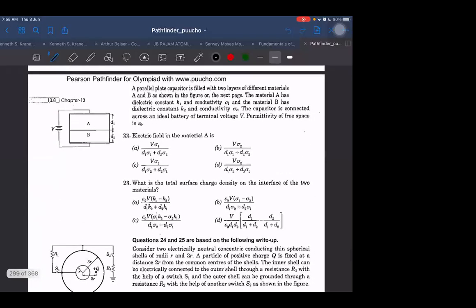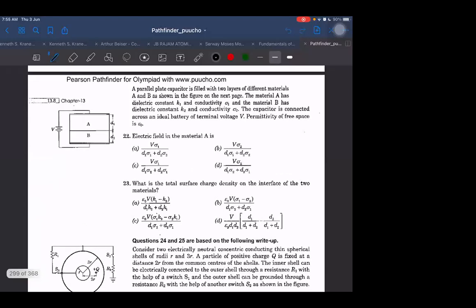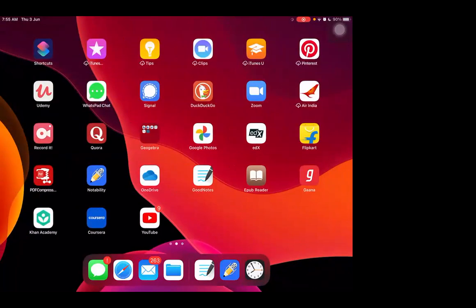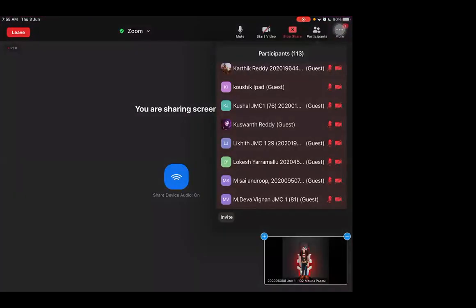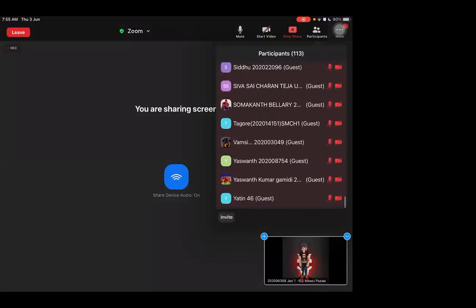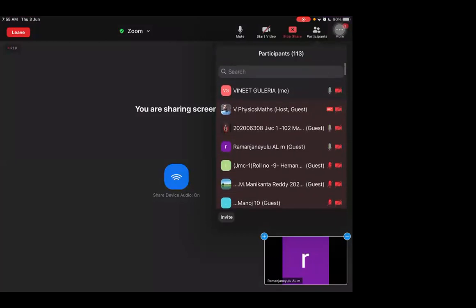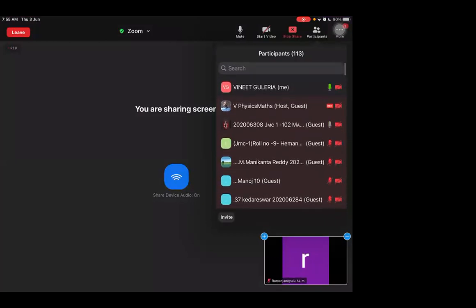Sir, if you don't mind, please give the co-host. What? Me? What are you saying, Ramu? Co-host. You are not co-host? Sir is asking to make him. Manoj, please mute yourself. Ramesh, you are not co-host now?